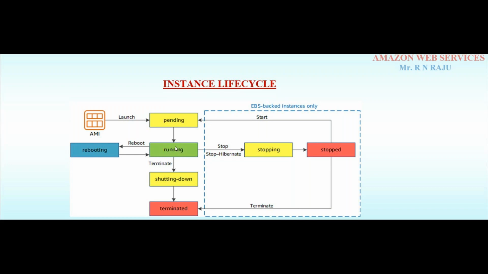If you reboot a running instance, the status will still be running. But if you stop the instance, the instance state is stopped. But any stopped instance, we can start it again.